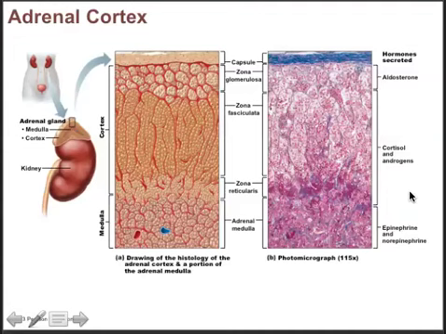They're also functionally different in terms of the hormones that they produce. The origins of the cortical portion of the adrenal gland are completely different than the origins of the medulla. The medulla is basically an outgrowth of the nervous system, while the cortex comes from a completely different embryological origin. They just happen to be bound together as a single gland.